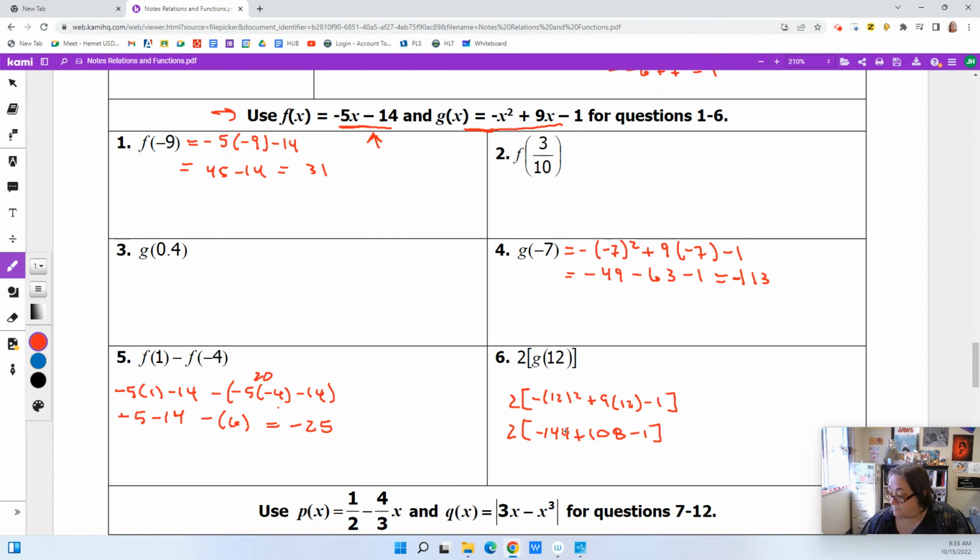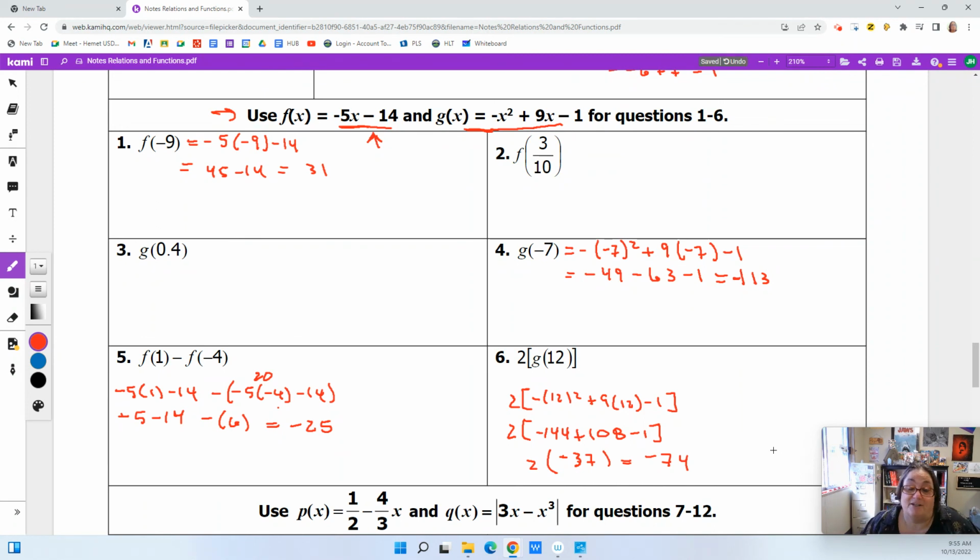And once we figure out what this mess is in here, I can multiply the whole thing times 2. This whole thing, I think, equals negative 37. And so I would have now 2 times negative 37, which is negative 74.